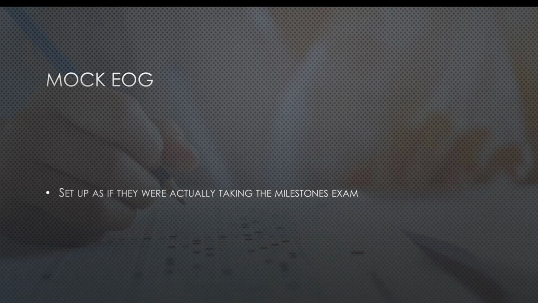We try to make sure that it has approximately how many questions would be on the EOG. And our classes are about 70 minutes long, so we adjust it from there, giving them time to do it. And then we'll go over the answers with the students.